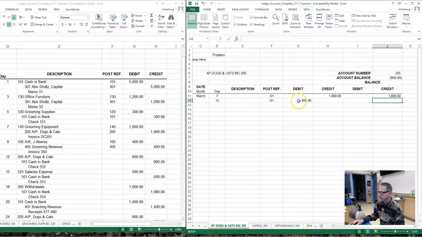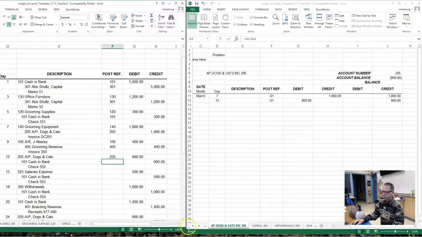Even though we made a debit entry, the credit balance, or the amount that we owe to this company, is $1,800, so we made a partial payment. So now we're going to owe less. Previous balance, and we have debited our account $900. So now we owe dogs and cats $900. Account 205.